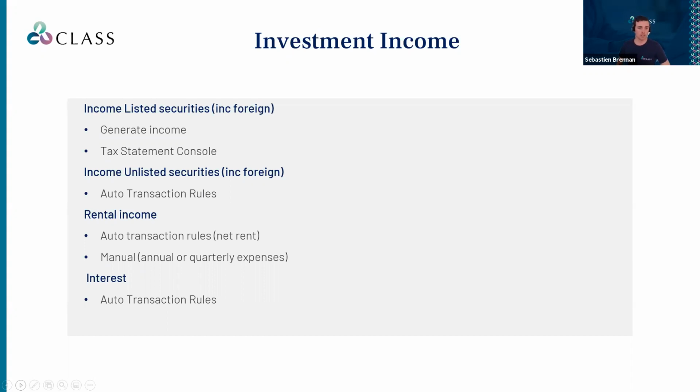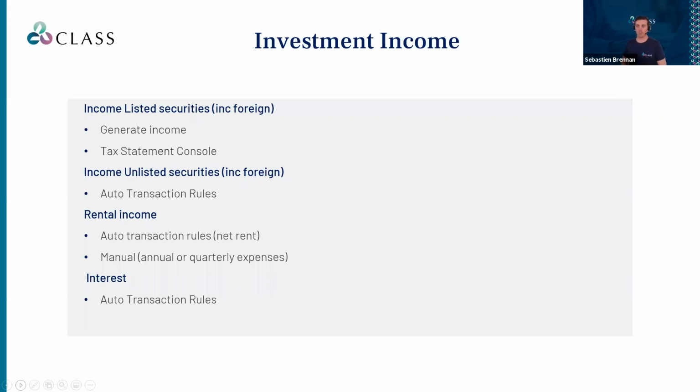So you want to set up a transaction rule, set it to run in bulk. It doesn't matter if you have not got the actual distribution or the dividend statement from that unlisted security, because you can just reconcile any tax components in the tax statements at year end. And so you can easily just have it set to run in bulk automatically.